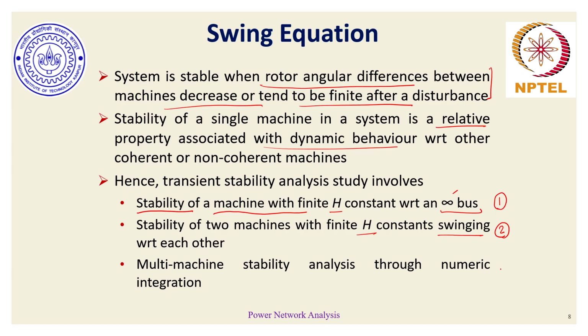And lastly, we will take up the most complicated case of multi-machine stability analysis, where definitely we will have to use some numeric integration technique. The beauty or importance of the first two cases is that there are ways of avoiding this numeric integration. Why is numeric integration necessary?